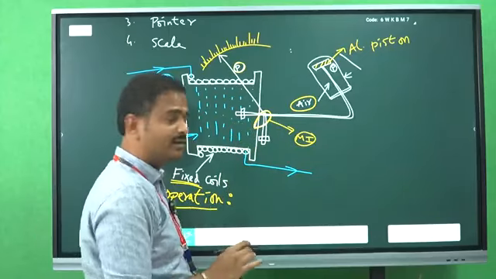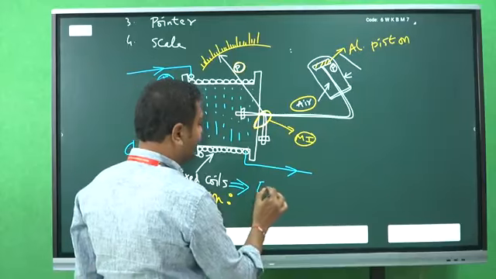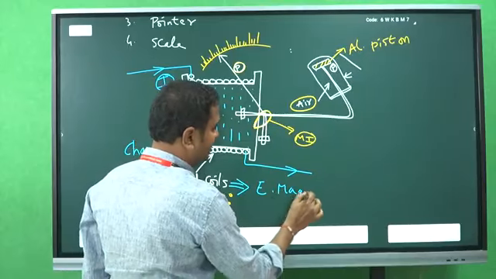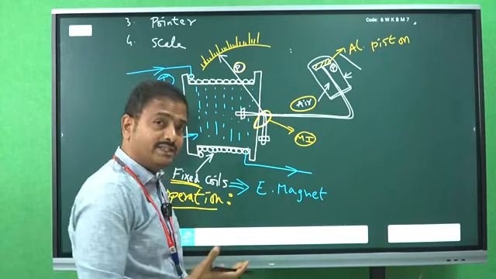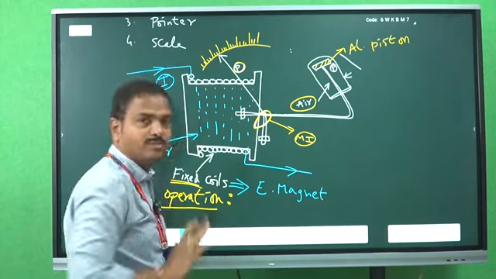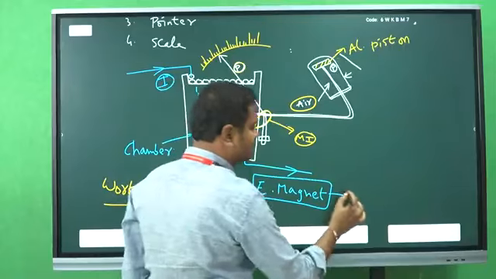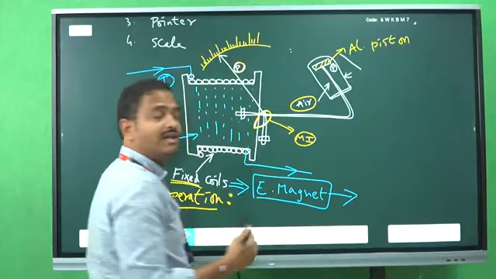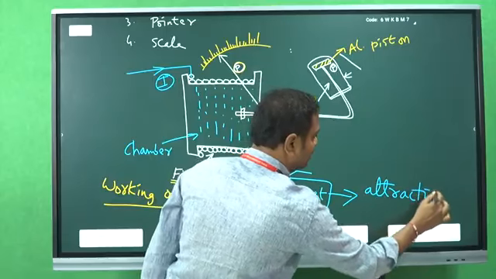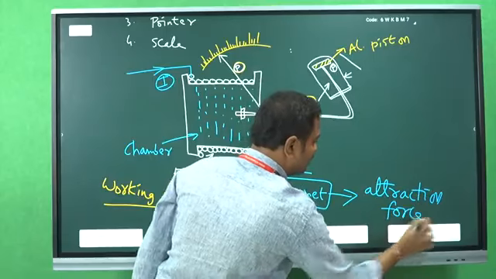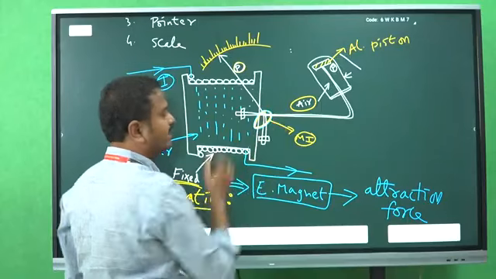Then this fixed coil becomes an electromagnet. That means magnetic properties are created inside the instrument. This electromagnet produces a force, an attraction force, on the moving iron piece.